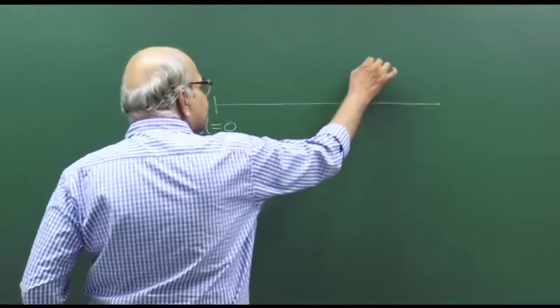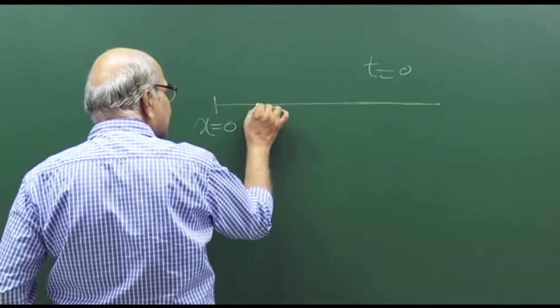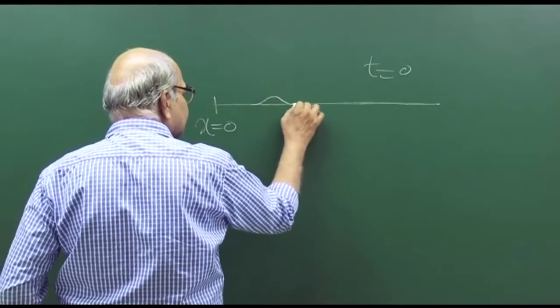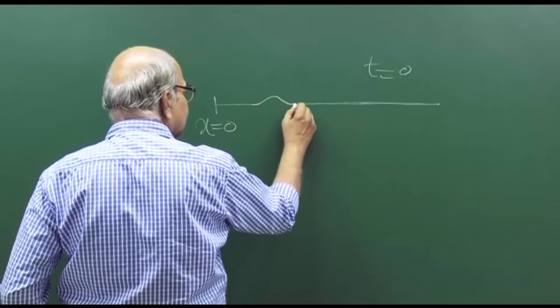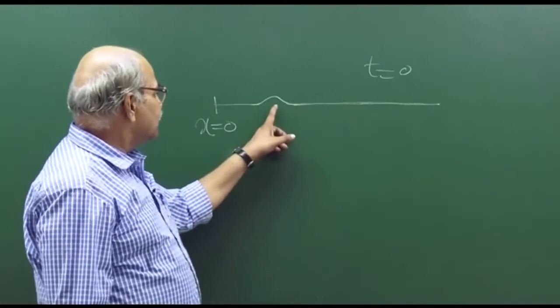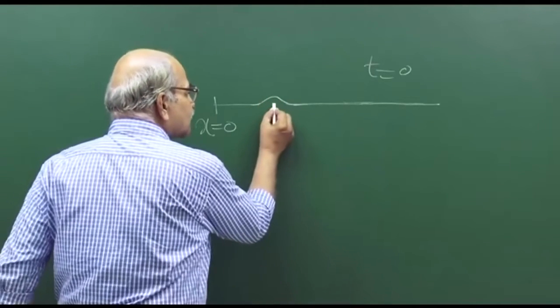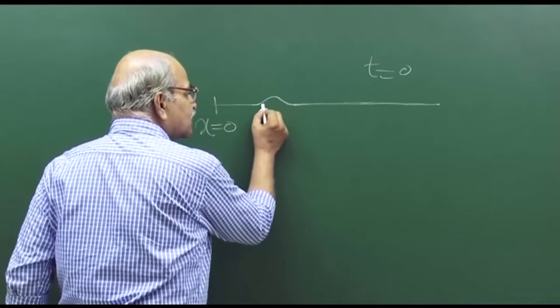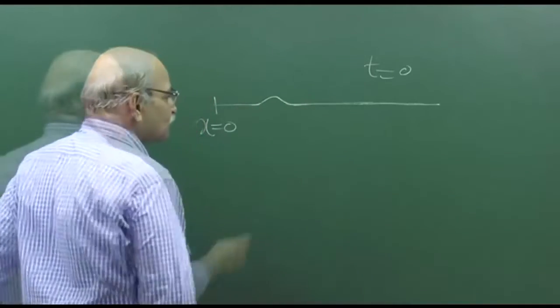Let us say at t equal to 0, this particular portion is disturbed and it is like this. The disturbance is here, larger disturbance here, smaller disturbance here, and so on. Here the disturbance is 0, here the disturbance is 0.